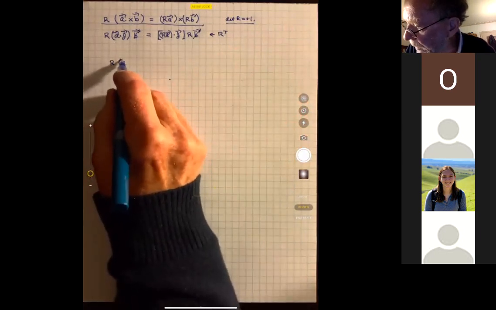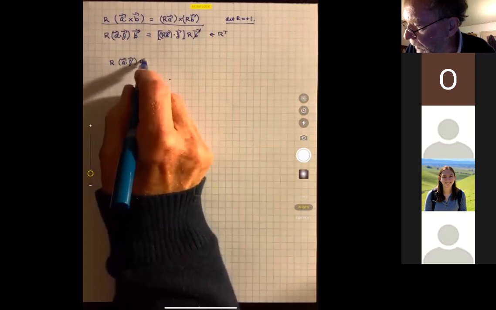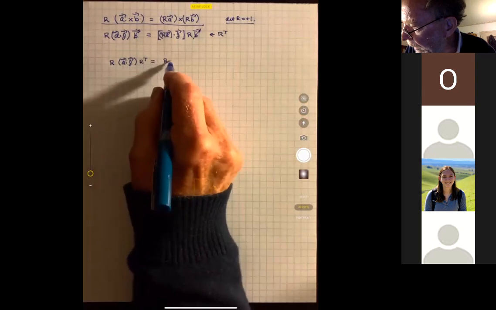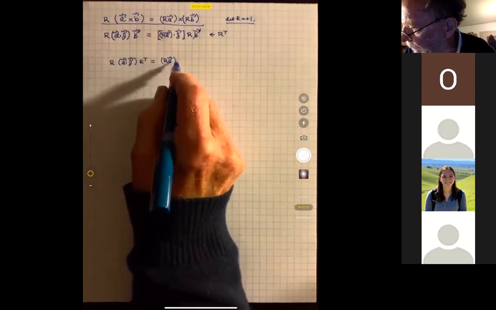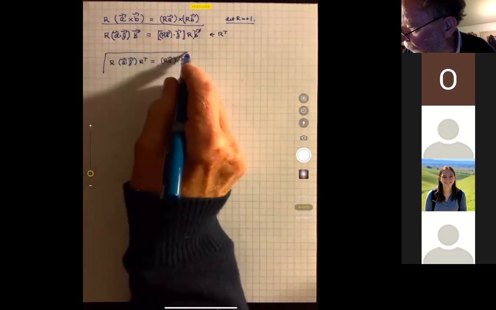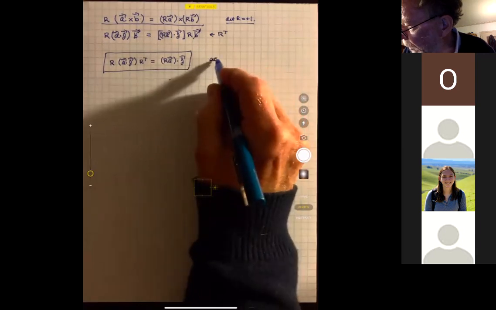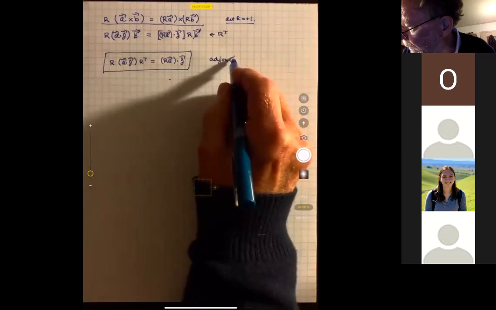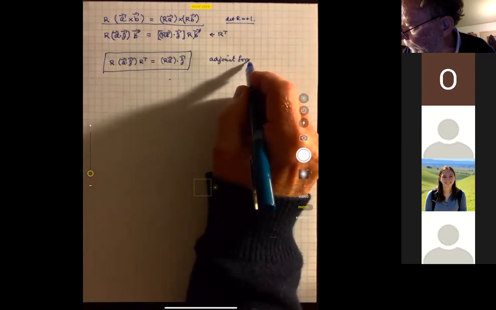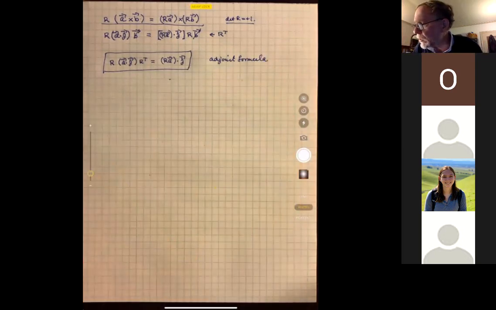It's R times A dotted into J times R transpose is equal to RA dotted into J. Okay, let me box that because this is a useful formula, which appears in various places. I give it a name, I call it an adjoint formula. We will use a variety of adjoint formulas quite a bit in this course.